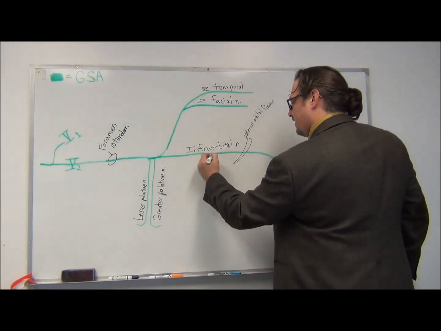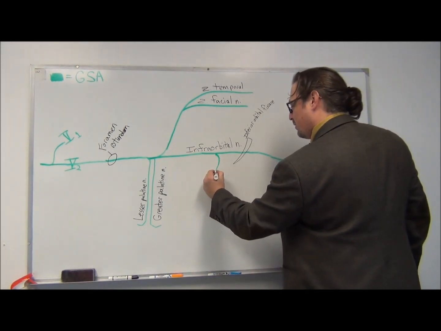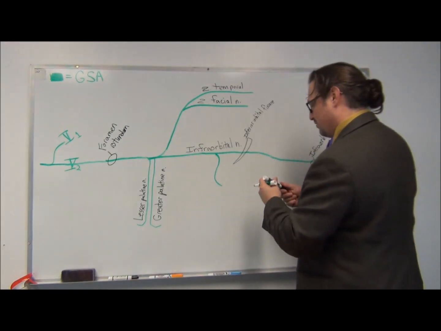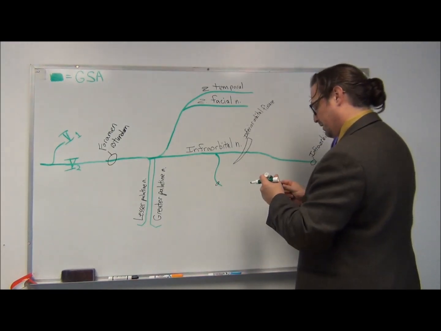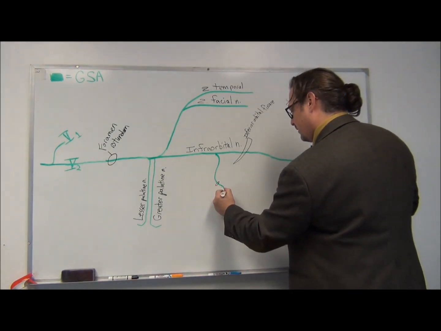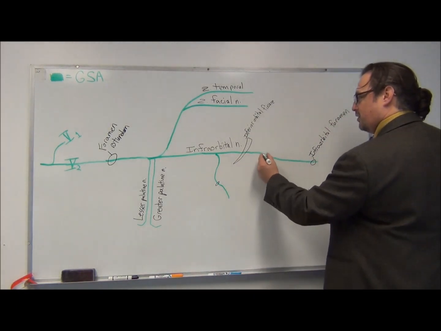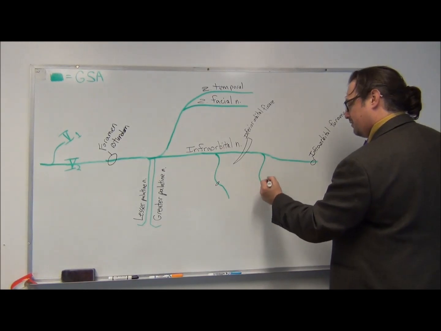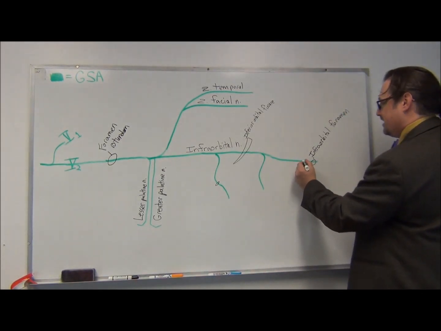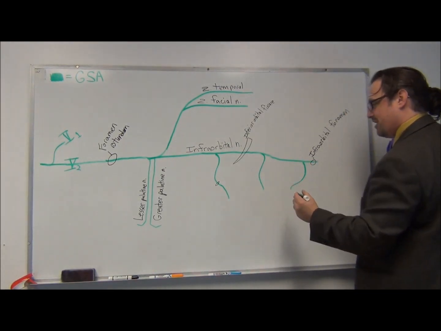And here we've got a branch that heads down to the posterior aspect of the maxilla, actually pierces the bone through its own little opening there. And then once inside the orbit, another branch comes down, and just before it exits the infraorbital foramen, another branch comes down.